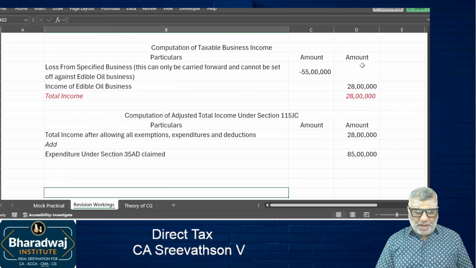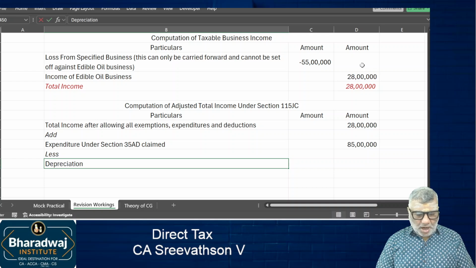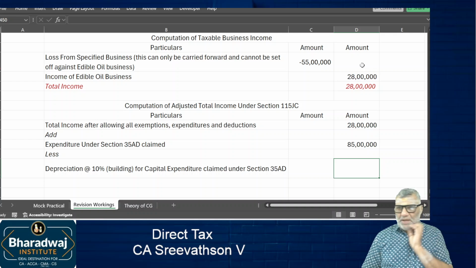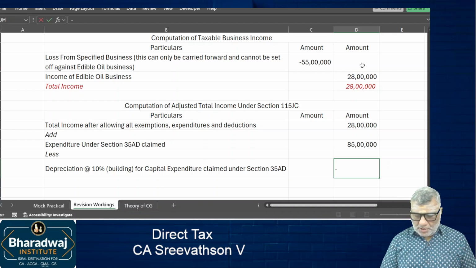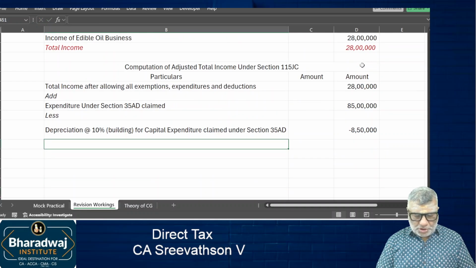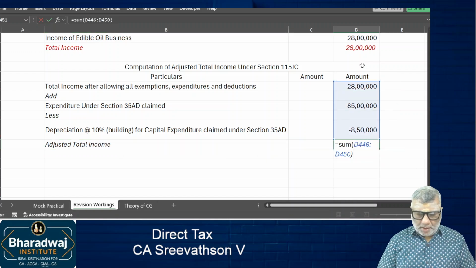So I have claimed 85 lakhs, less depreciation at the rate of 10% because it is a building, a capital expenditure claimed under section 35AD. If it had been machinery, I would have claimed 15%. Since it is 10%, this is my adjusted total income.